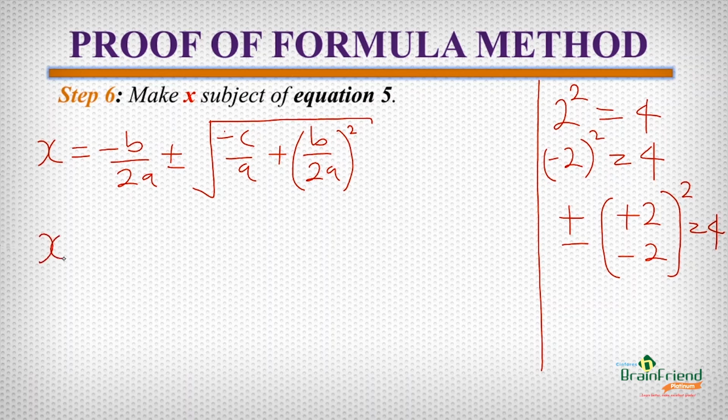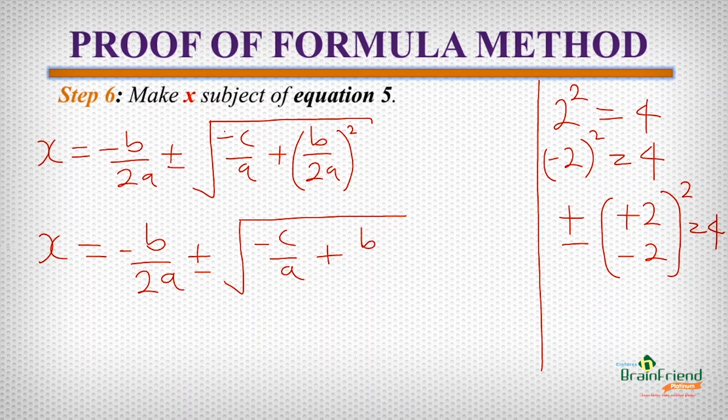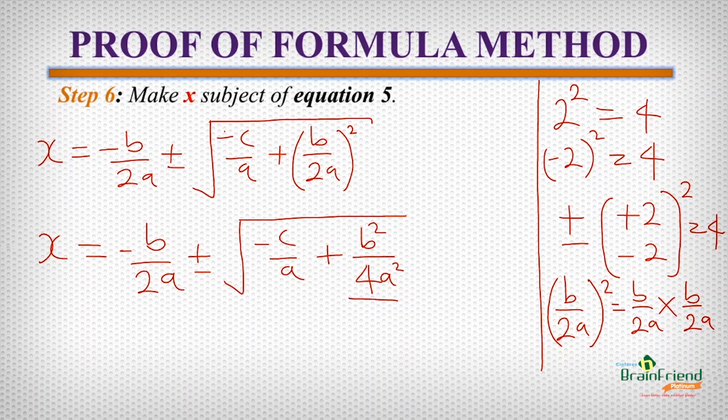So we have x is equal to minus b over 2a plus or minus square root of minus c over a plus b squared all over 4a squared. How did we arrive at that? Please remember, if you have b over 2a and you are squaring that, it's the same thing as saying b over 2a times b over 2a. That's how we arrived at this.